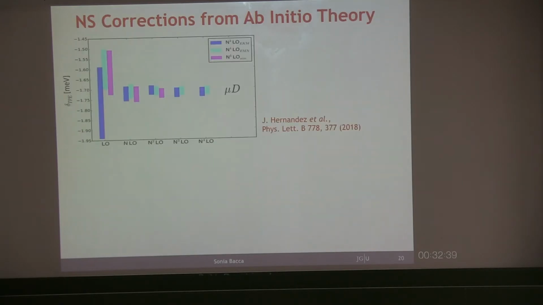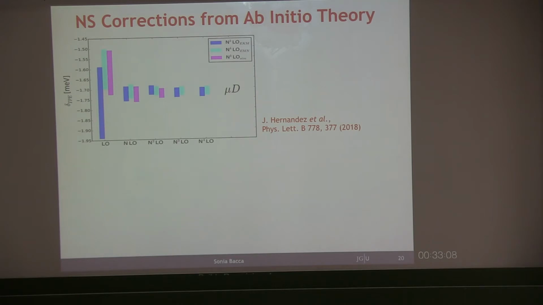So I will show you two examples. This is first muonic deuterium, where we have calculated this two-photon exchange using chiral forces in an order-by-order expansion. Here you see leading order all the way up to N4LO, which is the highest order we can do today. And you see there are three different colors, which correspond to the three different families of interactions.